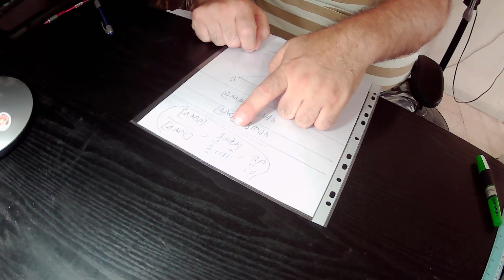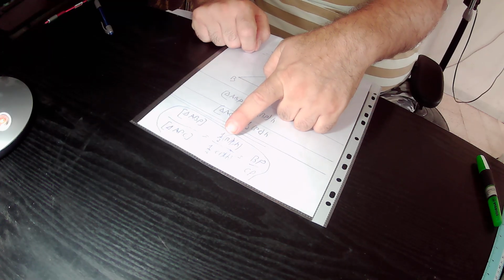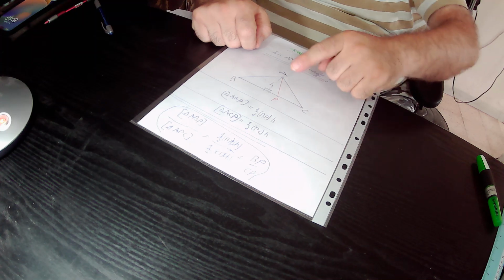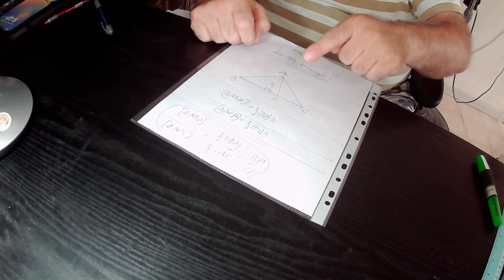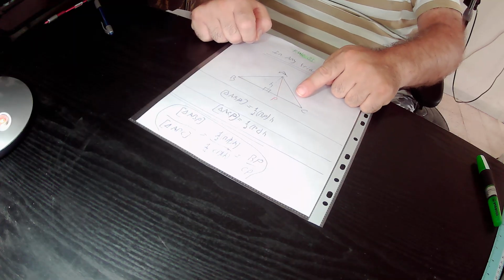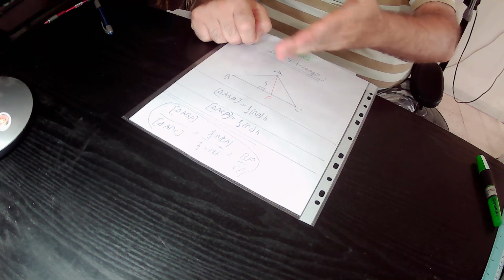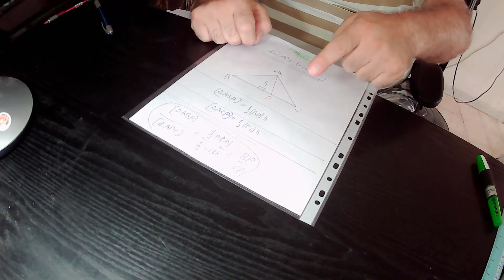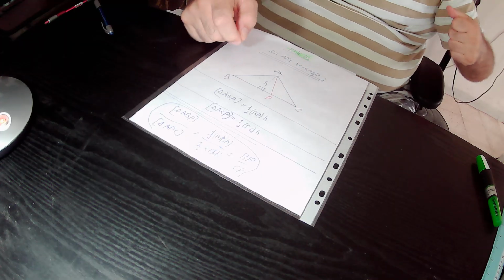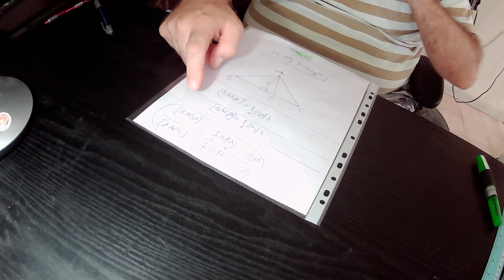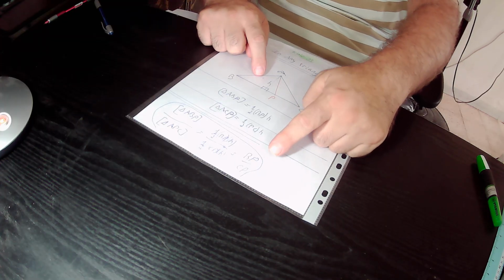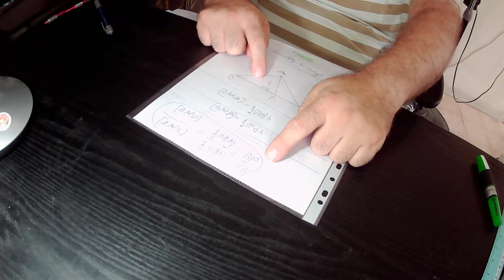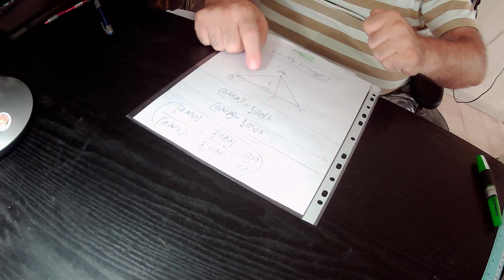We have 1/2 in the numerator and 1/2 in the denominator, so 1/2 also gets cancelled, and we are left only with BP over CP. BP is the base of triangle ABP, and PC is the base of triangle APC. So the ratio between the areas of those two small triangles is equal to the ratio between their bases.